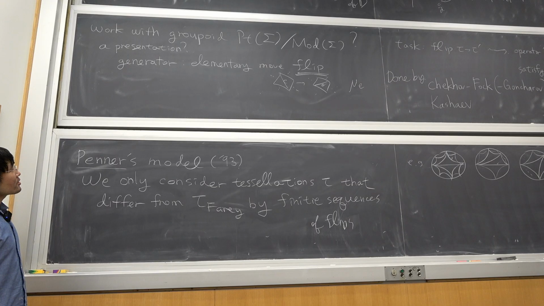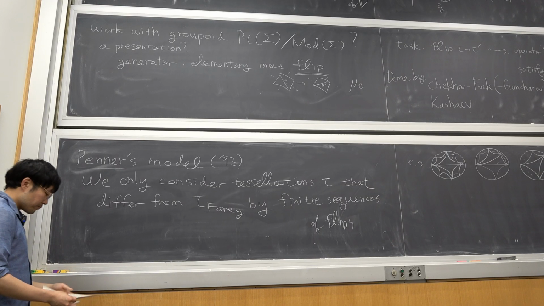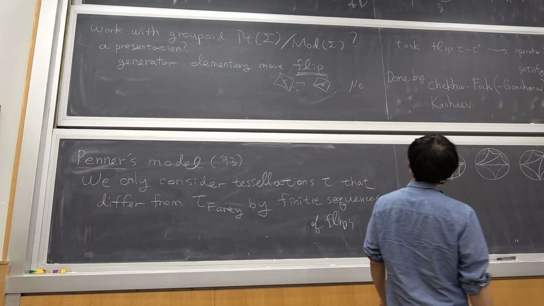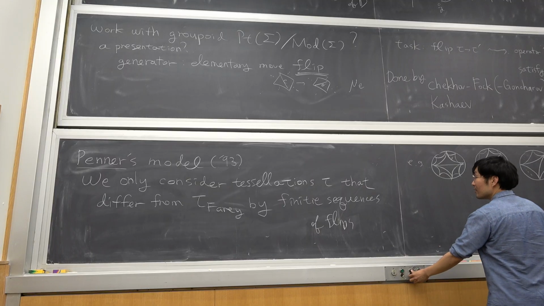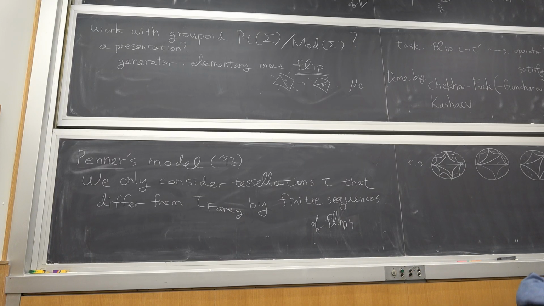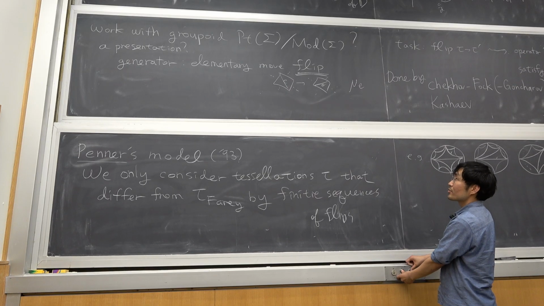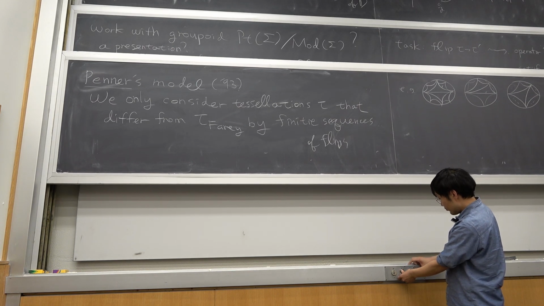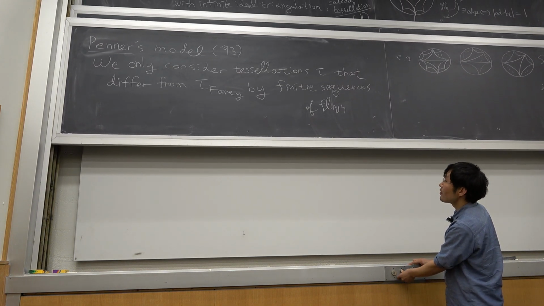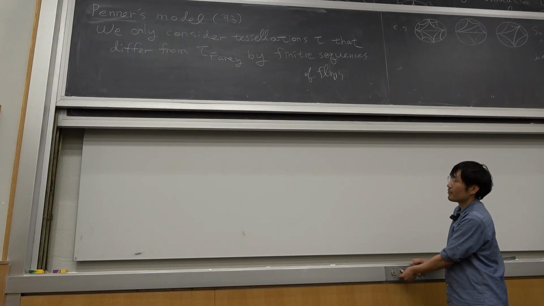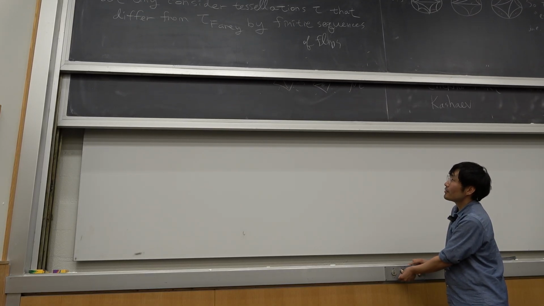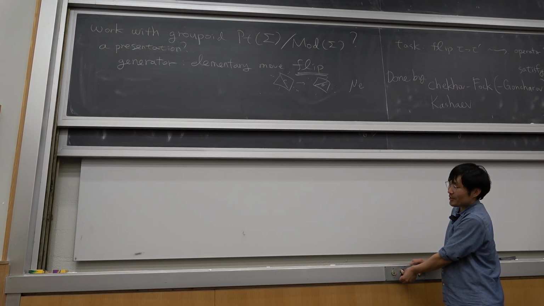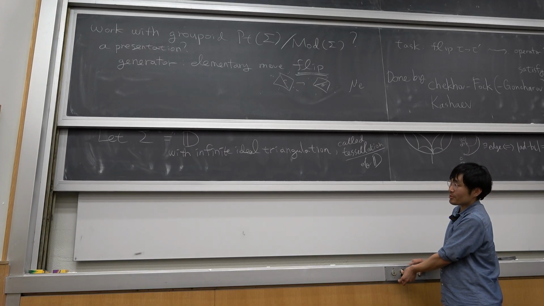And what is the mapping class group analog? Let me write it on a different board. So you want to come up with the right definition of mapping class group that fits into this story. The usual mapping class group is the self-diffeomorphisms of the surface.